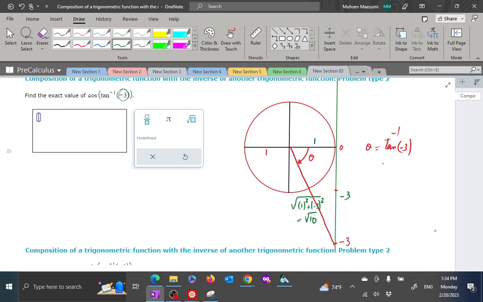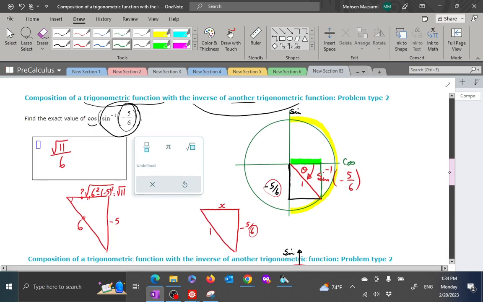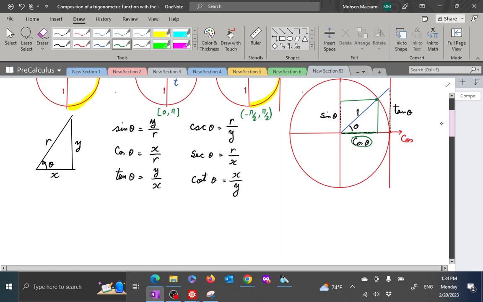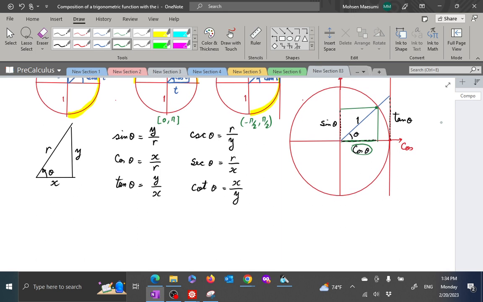Cosine is adjacent over the hypotenuse, and I get 1 over radical 10. Here, 1 is my adjacent, and here is my hypotenuse.